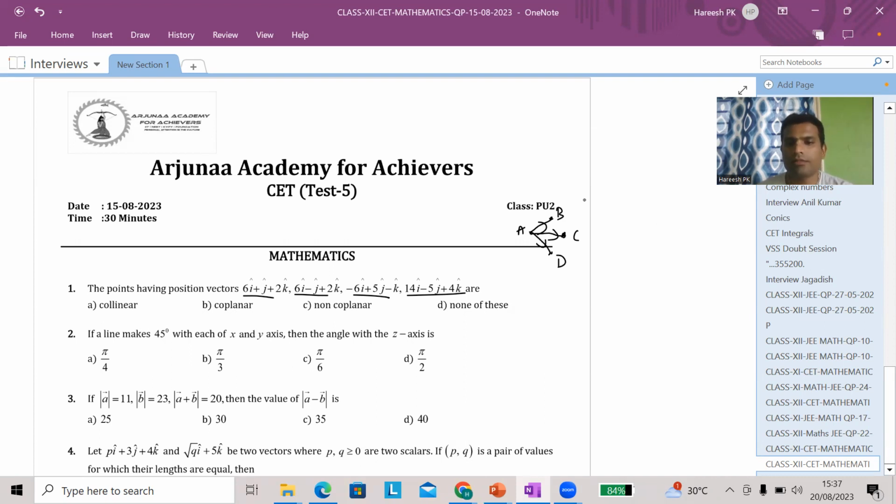So let's find out what is AB. When I subtract first and second, I'll get 0. Here also 0. And 2j cap I'll get. So I'll put 2 here. Then when I subtract first with the third, I will end up getting 12, then minus 4, and 3.